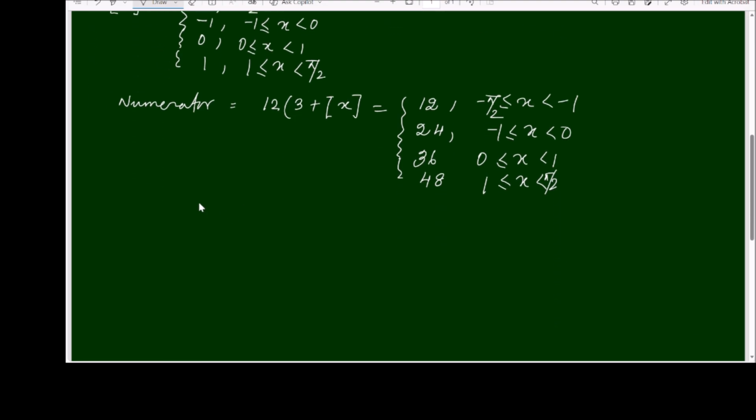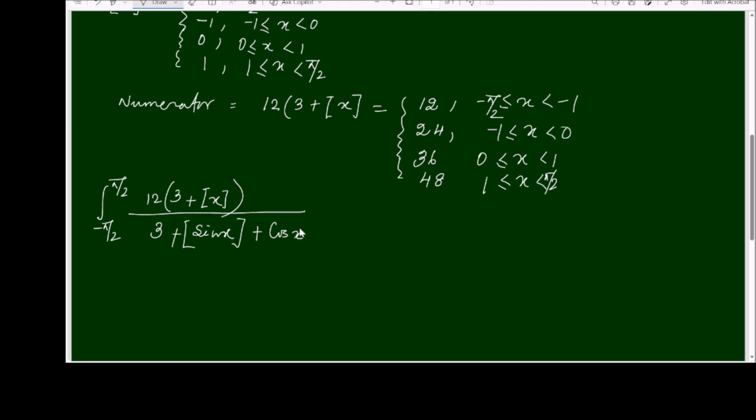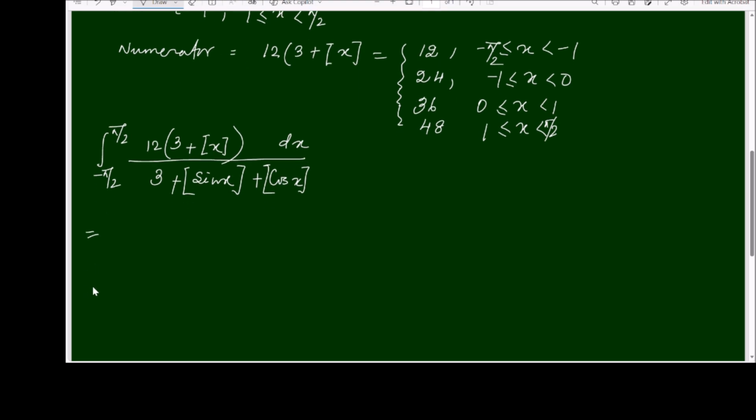So we'll divide into many intervals. So the integral from minus pi by 2 to pi by 2 of 12 into 3 plus greatest integer of x over 3 plus greatest integer of sin x plus greatest integer of cos x dx equals, first, from negative pi by 2 to negative 1, it will be 12 by 2 because the denominator at that time will be 2.